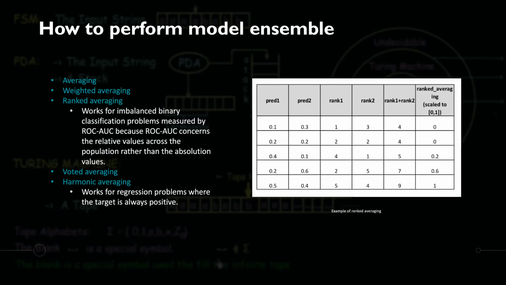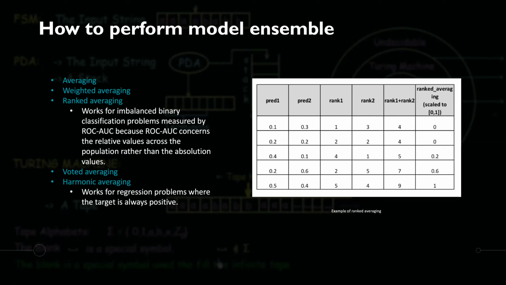Specifically, if the model's performance is measured by ROC AUC, we can use the ranked averaging instead of the simple averaging. The ranked averaging would improve the performance a little bit.